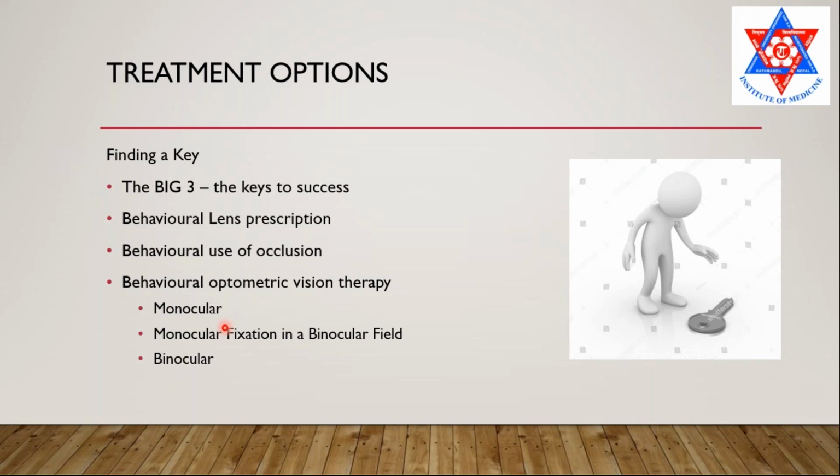Today we'll explore all three aspects: how we make a decision in prescribing the correct lenses to patients, how we properly use occlusion as a therapeutic treatment in patients with amblyopia, and how we go with the vision therapy part and complete the management of refractive amblyopia.